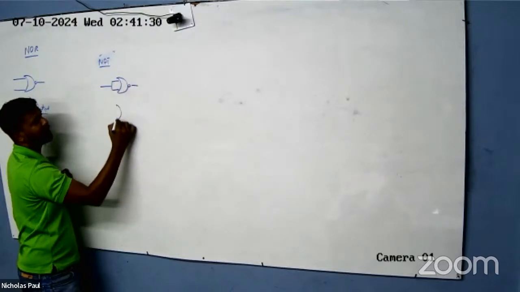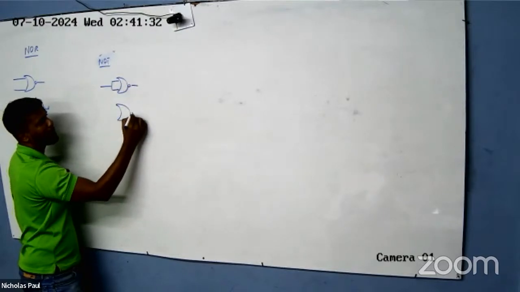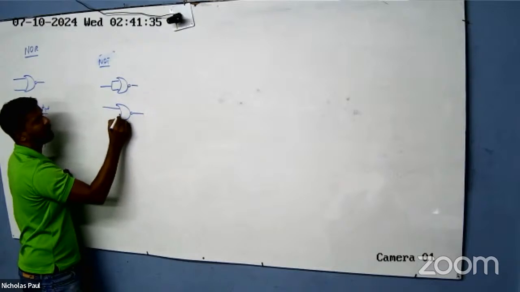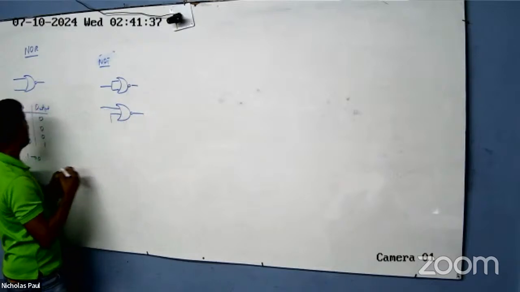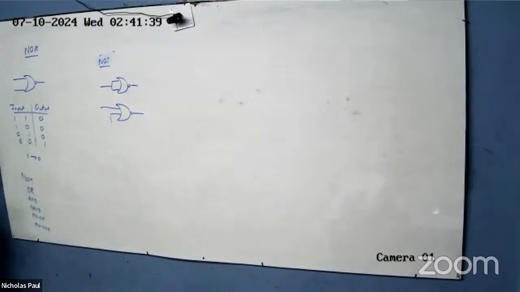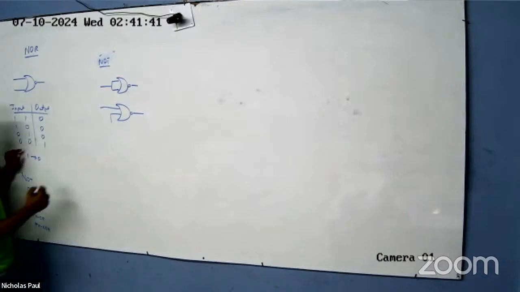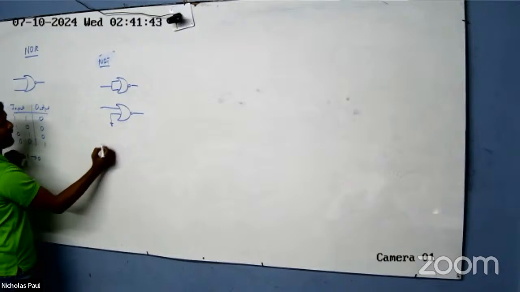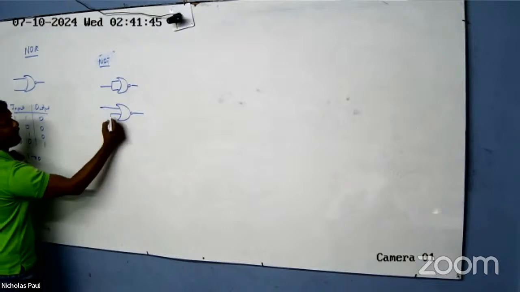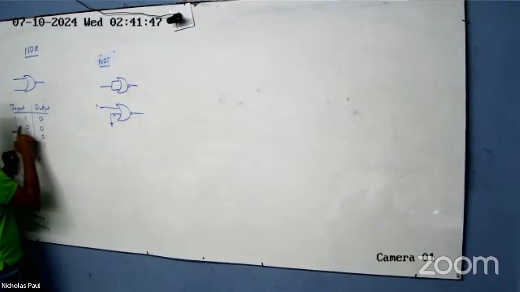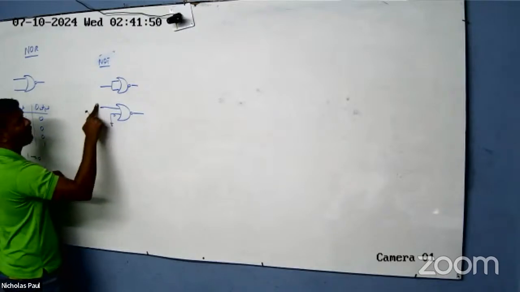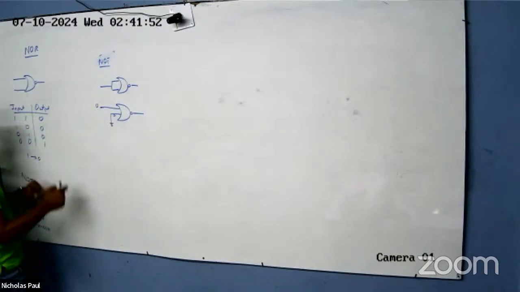Or in some cases, what they did is that they connected one input to Earth. So here it's always 0. 1, 0 is 0, and 0, 0 gives you 1.